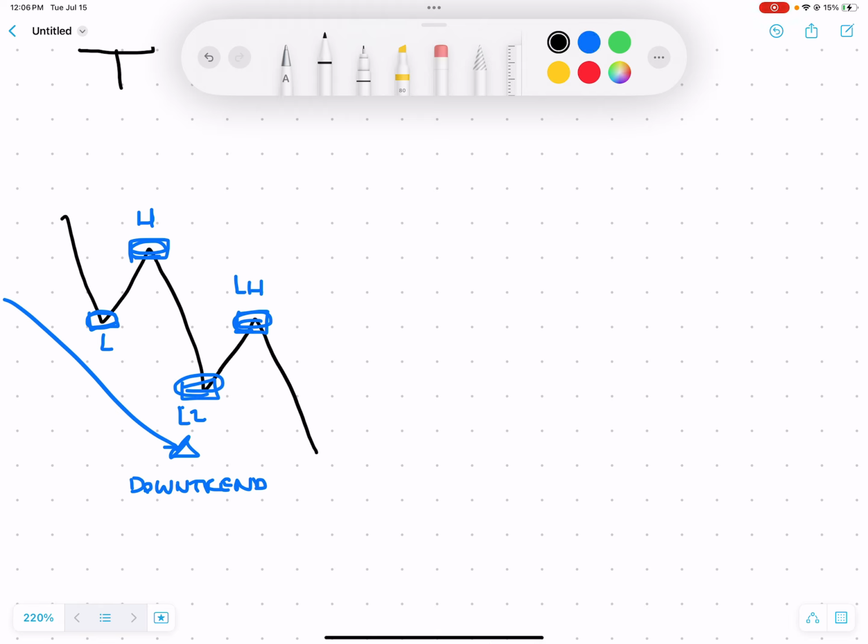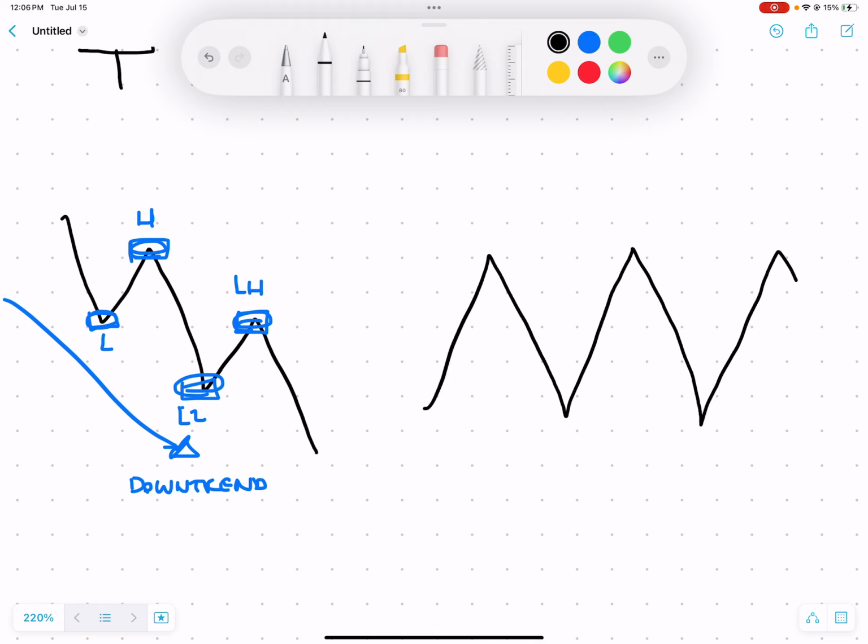And now the other thing that you might have is called a consolidation. It's when price is stuck. It's not creating any higher highs. It's not creating any lower lows. It's just stuck between two levels, which people call key levels. Okay, so this is a high, this is a high, this is a high, low, low, low.